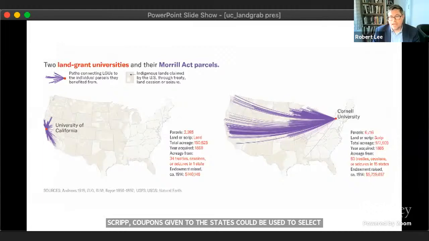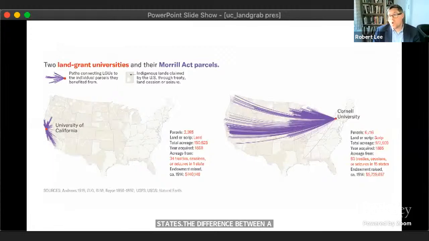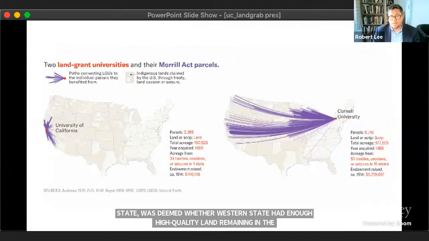The difference between being a land state and a scrip state was whether it was deemed that a Western state had enough high quality land remaining in the public domain to make an adequate selection.